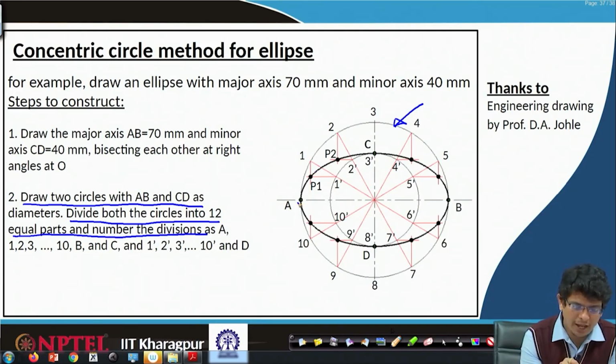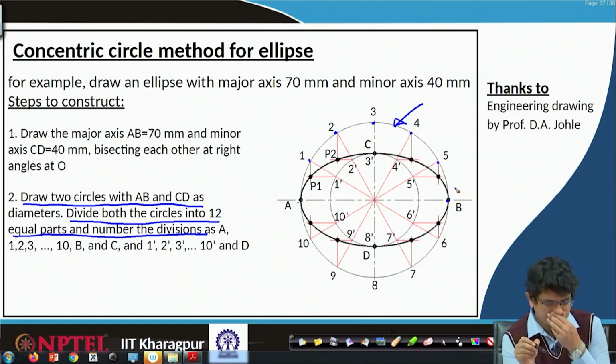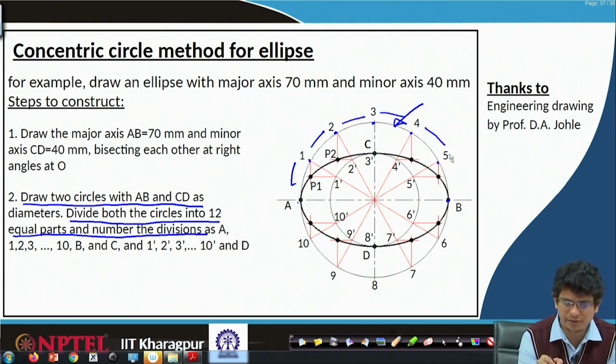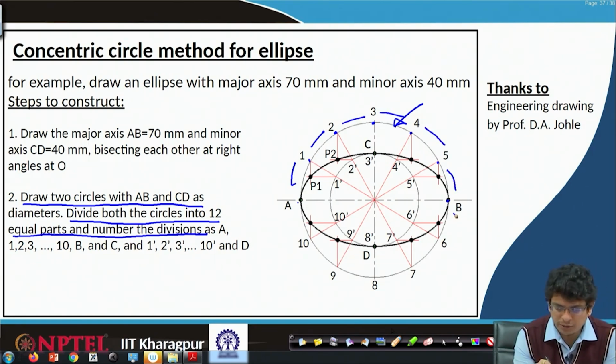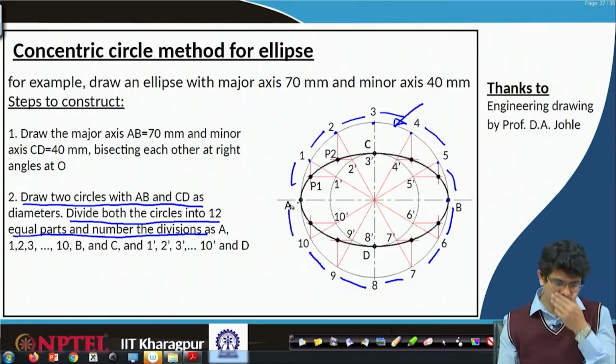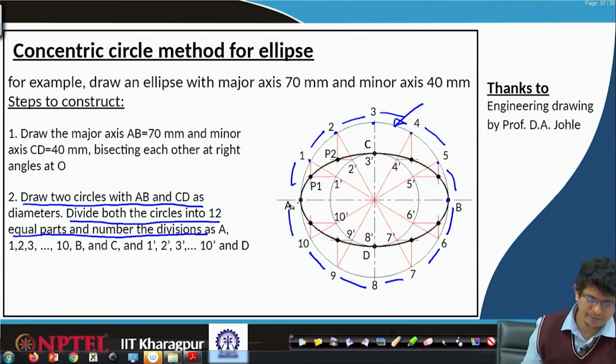So, beginning with A, 1, 2, 3, 4, 5, the sixth one is again B. First part, second part, third part, fourth, fifth, sixth, these are equal parts. On the bottom side also, because of symmetry, again 1, 2, 3, 4, 5, 6, in total 12 parts we are going to construct.